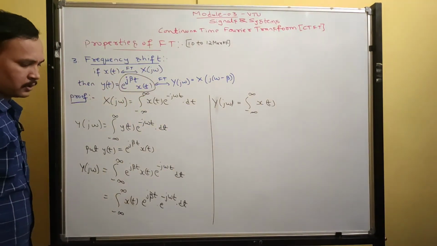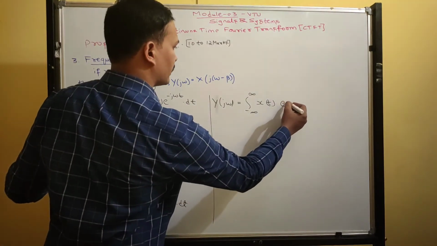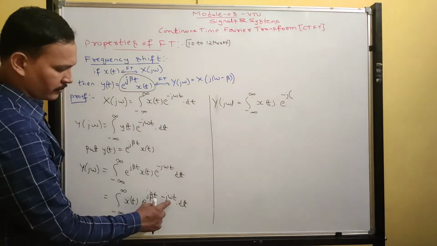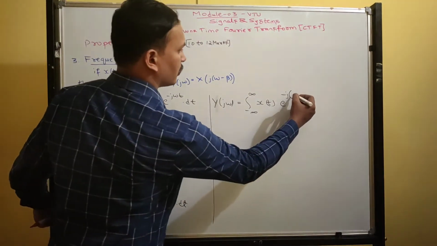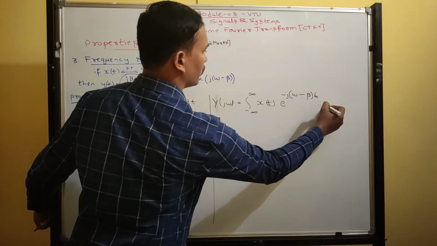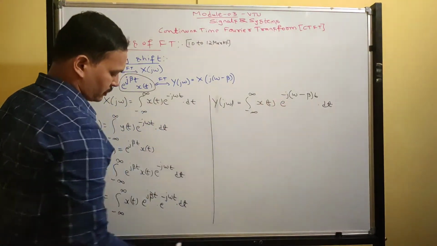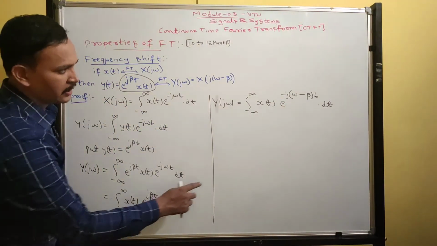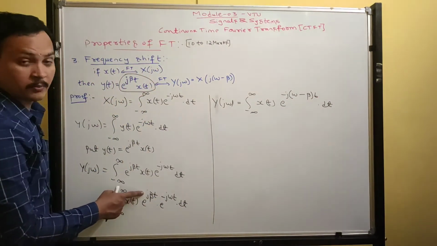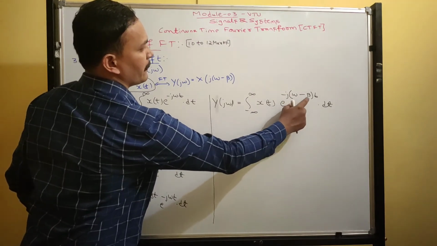Y of j omega equals the integral from minus infinity to infinity of x of t. Now take e power minus j as a common factor. Then what do I get? Omega minus beta into t dt. We can rewrite it this way: e power minus j omega t, we got that term, then e power plus j beta t, since minus into minus is plus.